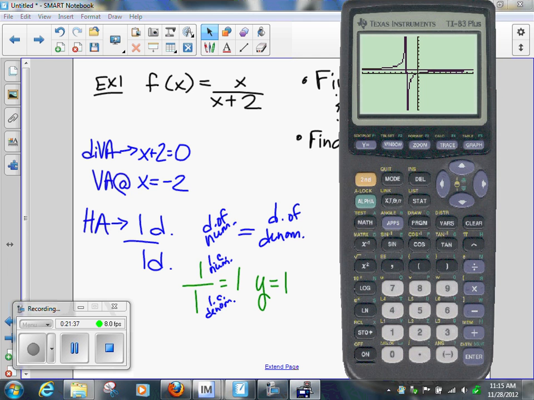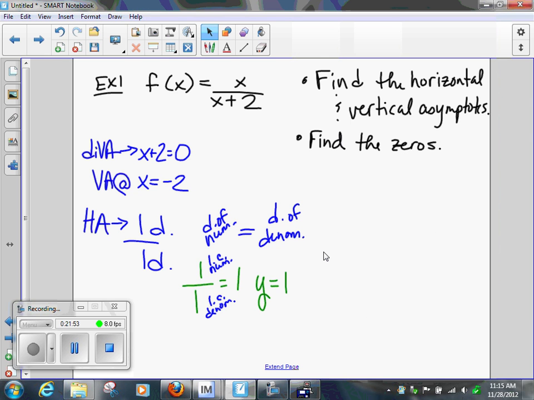Does it indeed have a horizontal asymptote at 1? Yes. It's very clear now. I just put it in there as a guide for me. Here's the horizontal.